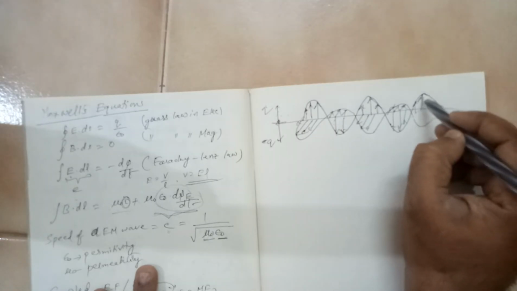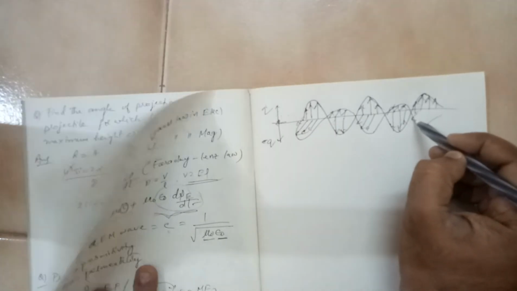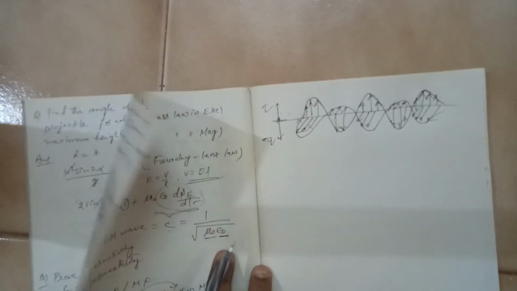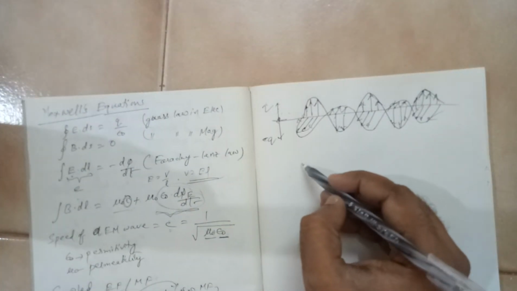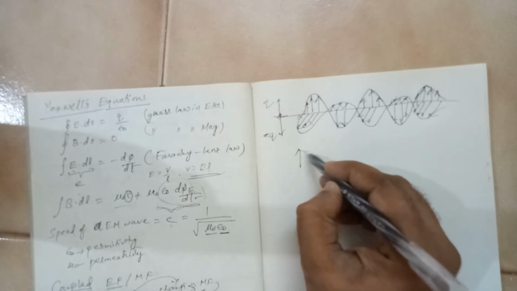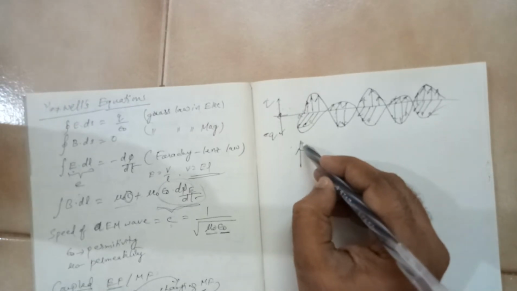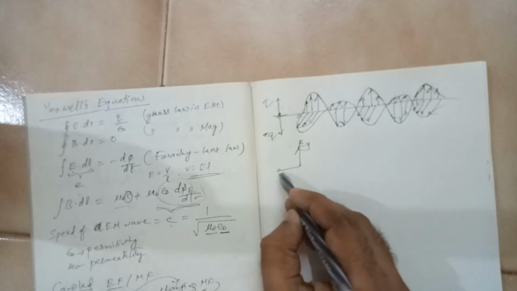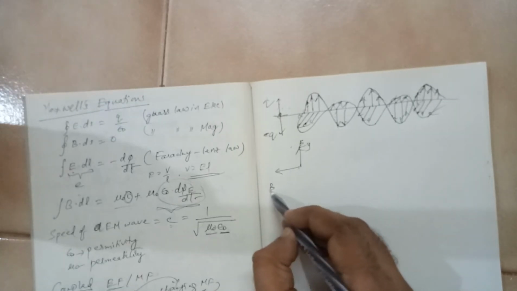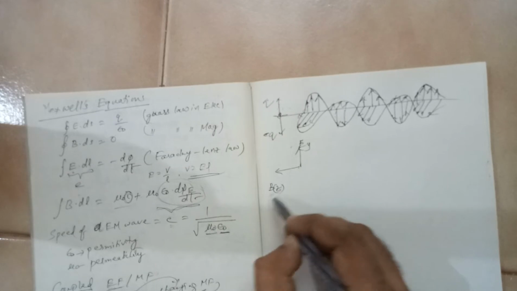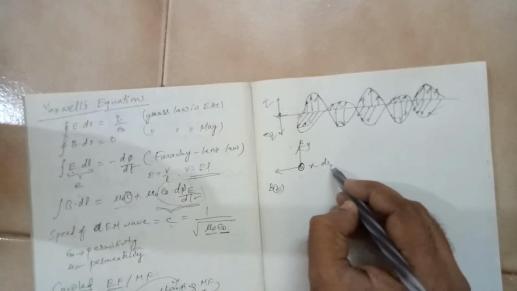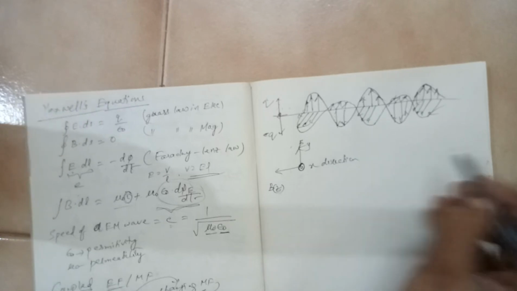So this is my electric field and this will be the magnetic field. That means if the electric field is oscillating in the y direction and the magnetic field is oscillating in the z direction, the wave will propagate in the x direction.